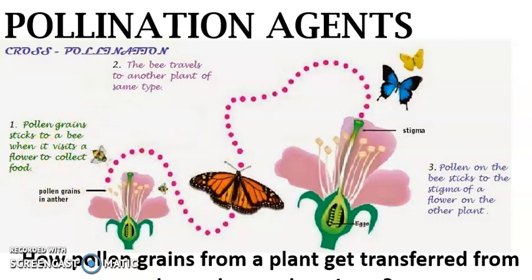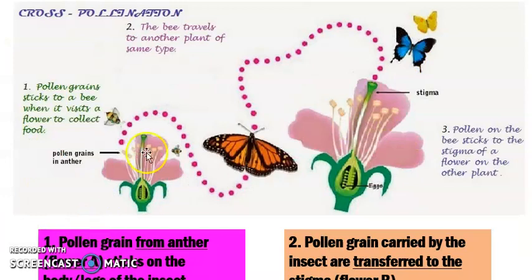Right, so okay, the steps. Number one, pollen grains from the anther of flower A, okay, stick on the body of the insect. Dia akan melekat pada badan lebah ni ataupun badan rama-rama.